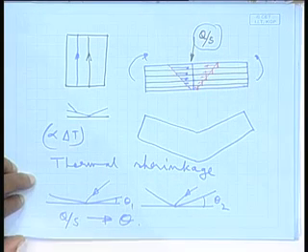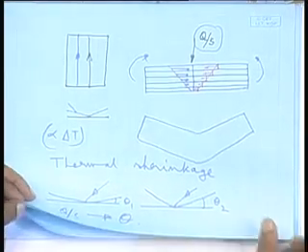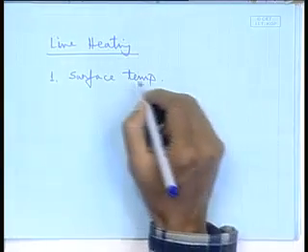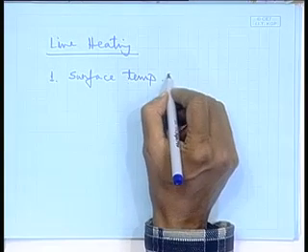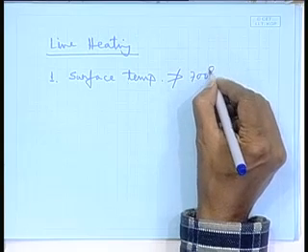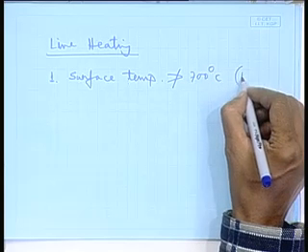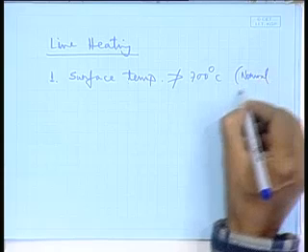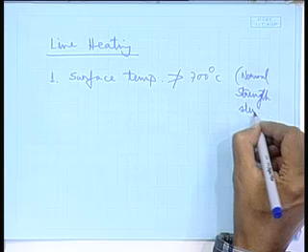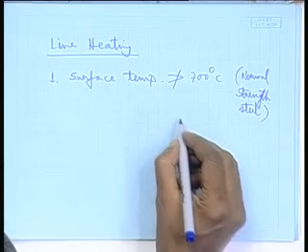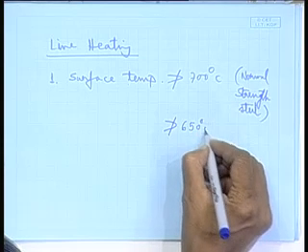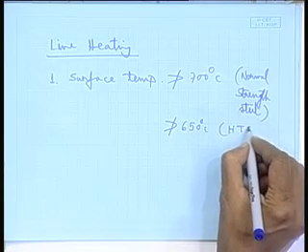The method may become more effective, but the limiting factor is that I have to limit the amount of heat going in, such that the maximum temperature attained at the surface does not exceed around 700 degrees centigrade in case of normal strength steel. It should not exceed around 650 degrees centigrade in case of high tensile steels.